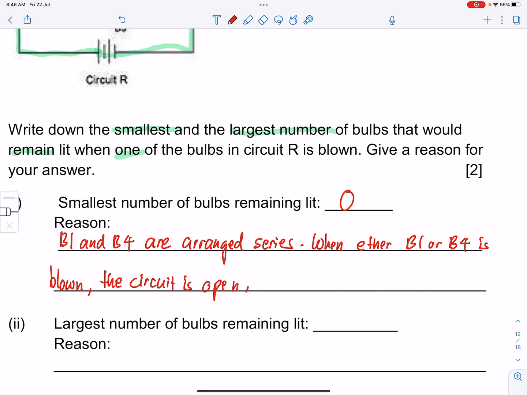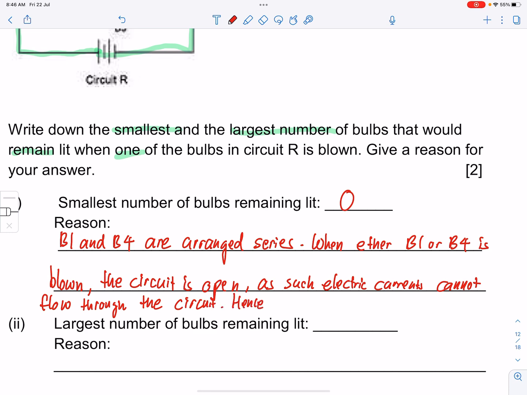As such, electric currents cannot flow through the circuit. Hence, no bulb can light up.